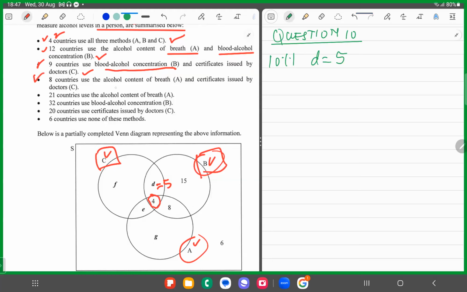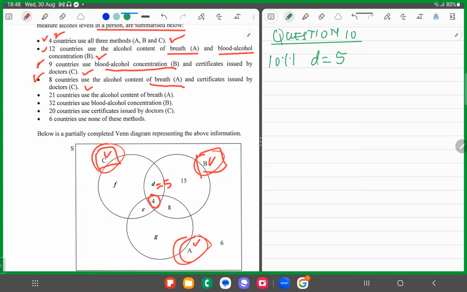8 countries use the alcohol content of breath A and certificates issued by doctors C. So 8 countries use A and C. Here is A and here is C, and those are exactly 8 countries.